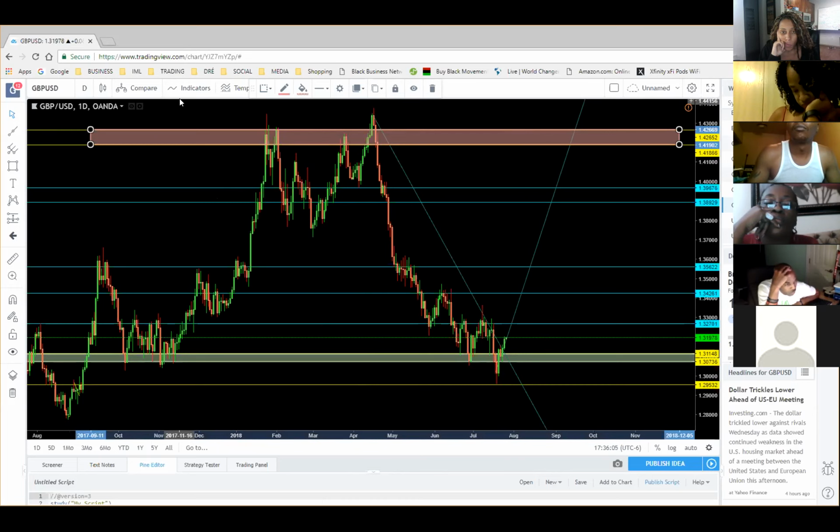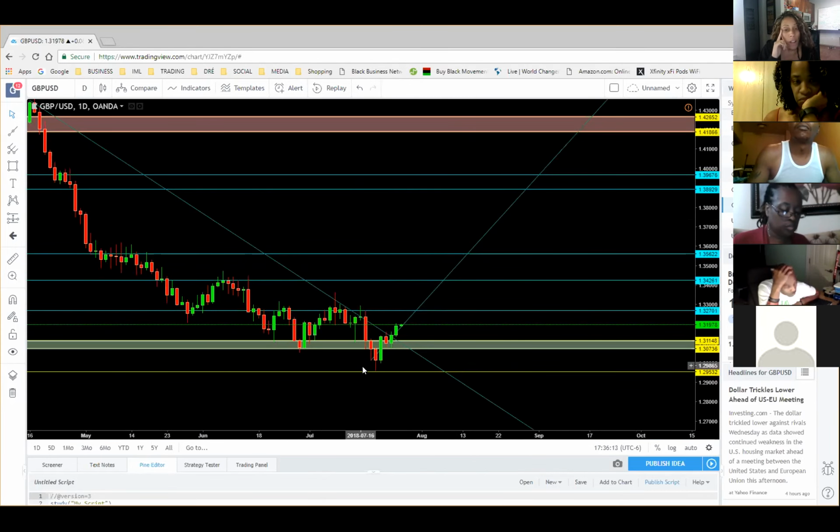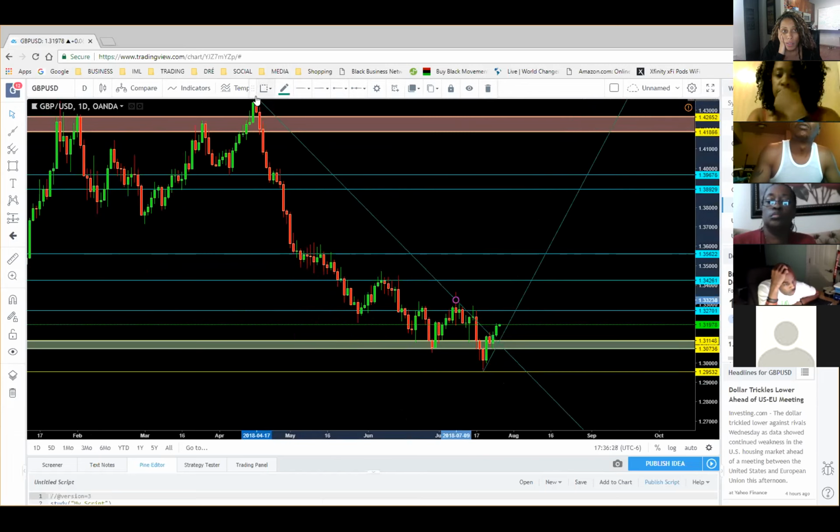Now, because it's the day chart, what I was thinking I could do is create another ray. Well, first, let's tidy up the rays that you have. Okay, so this looks good.